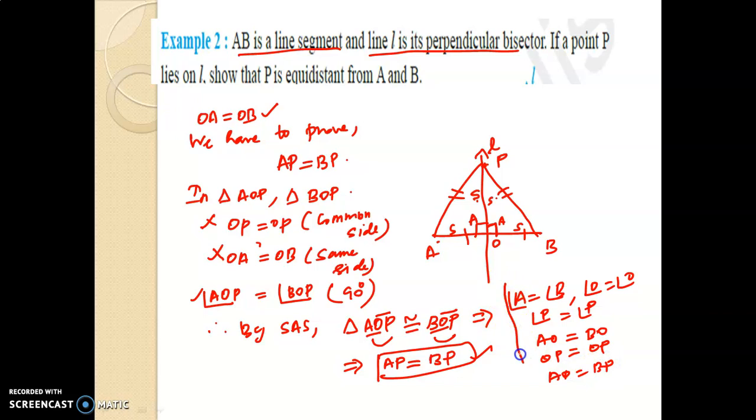So from this we found that AP equal to BP. That is the procedure to check whether the given triangles are congruent or not. Here they are asking to show that P is equidistant from A and B. We have proved that AP equal to BP. Okay, understand?